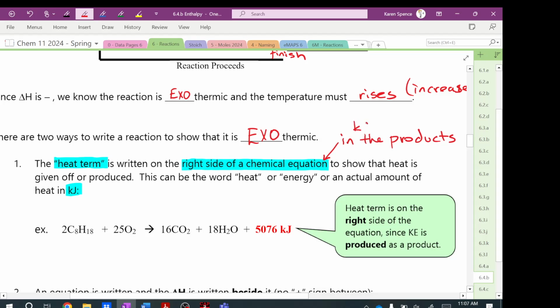Okay, so our kilojoules go in the products. So the heat is being given off, it's being produced. You can write the word heat, or you can write the actual number of kilojoules. So that's one way that you can say, oh, I know I have an exothermic reaction because I have produced the heat.